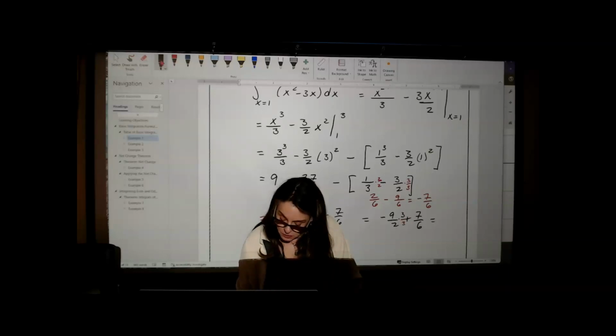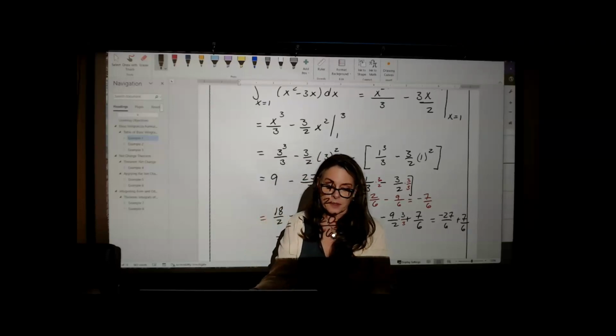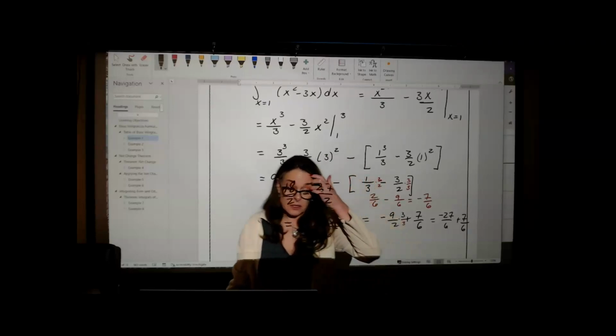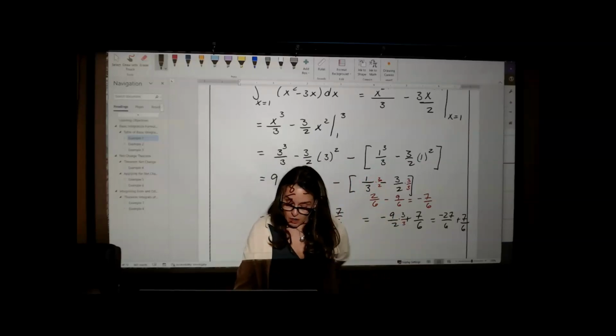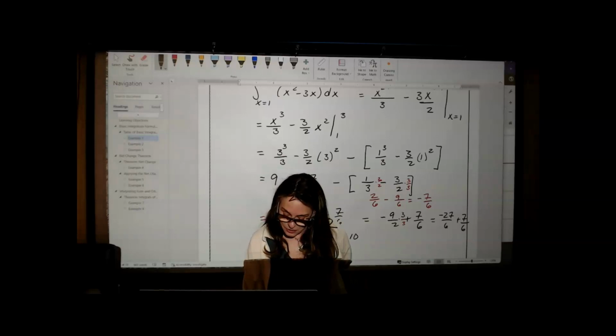And this will give me negative 27 over 6 plus 7 over 6, which gives me a final value of negative 20 divided by 6. Now, there's another way of substituting in these values. I can also reduce my final answer, and I should, to negative 10/3.